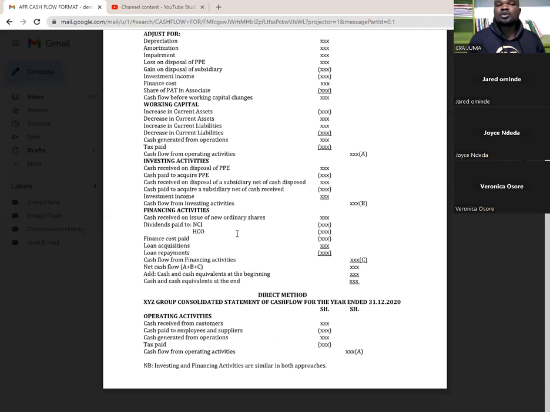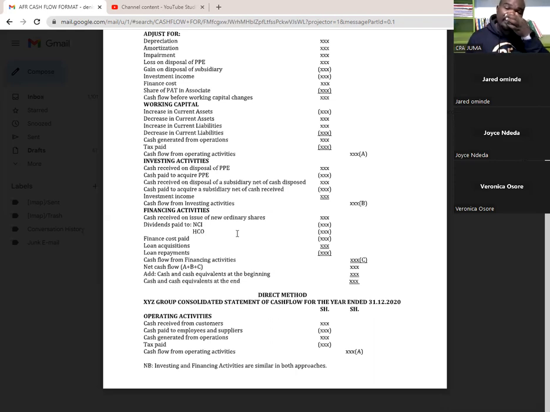So whether the student uses the direct or indirect method, operations must be the same. That A must be the same in whichever method. Investing and financing activities are similar in both approaches. They only differ in operating activities. Otherwise, the rest remains the same.